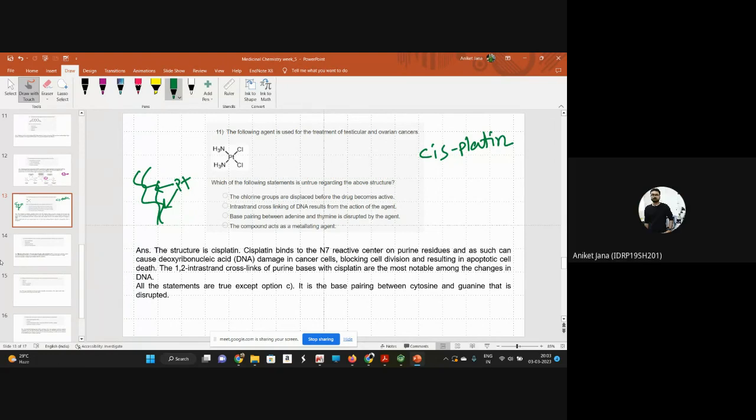True statement. It is true. The first statement is very true because when we put cisplatin in our cell, hydrolysis takes place, and one of the chlorines is displaced by a water molecule.